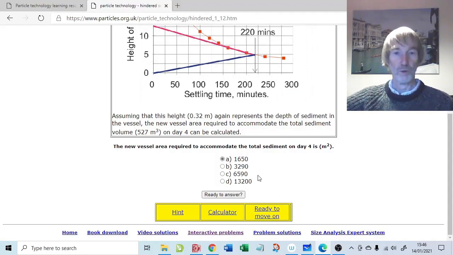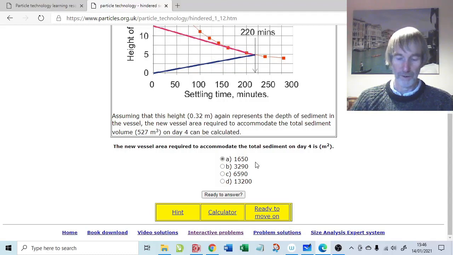Okay, so 1650 times by 0.32. Let's just check that. 1650 times by 0.32 equals 528 meters cubed. So that's our volume of sediment. So we brought the area down dramatically.